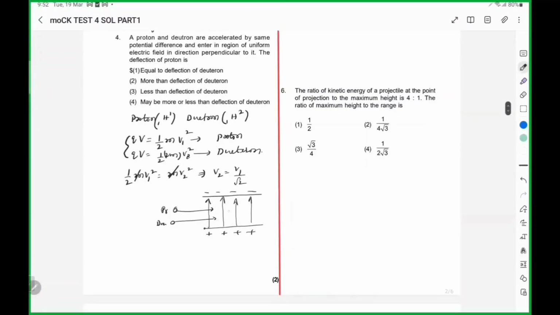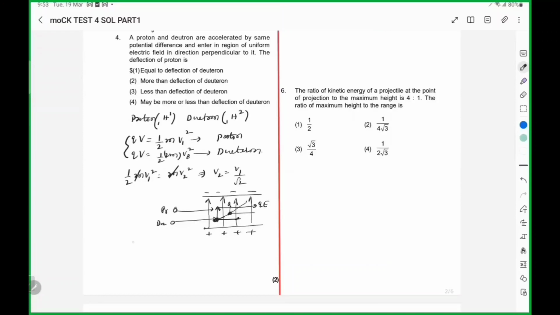Once it enters an electric field, for example deuteron, there is a force due to electric field, qE, and since it is moving with some velocity in horizontal direction, finally it traces a parabolic path like this.